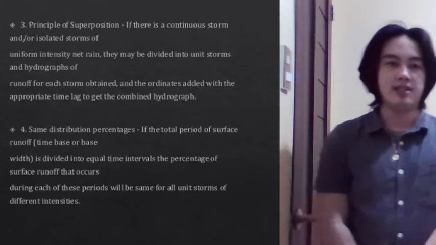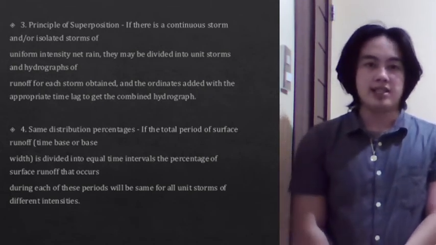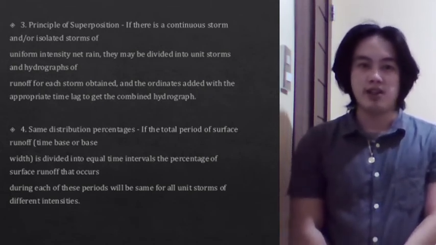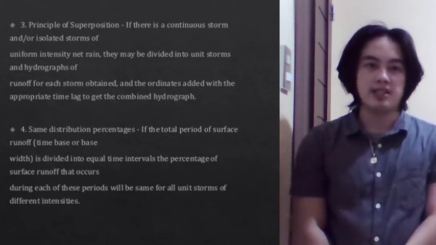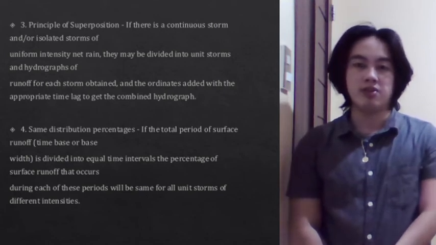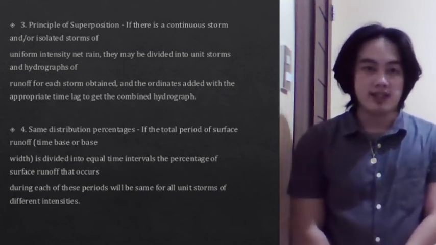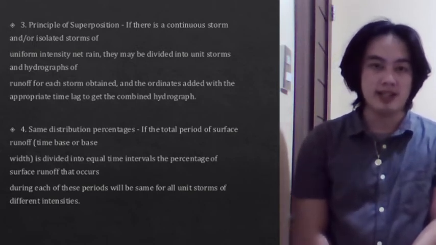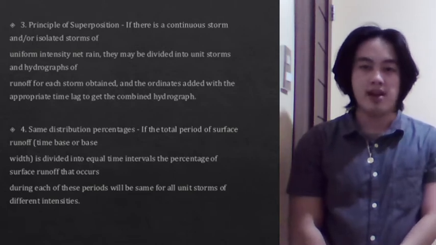The third is the principle of superposition. If there are continuous storms or isolated storms of uniform intensity net rain, they may be divided into unit storms. The hydrograph of each rainfall storm has its coordinates added with the appropriate time lag to get the combined hydrograph.